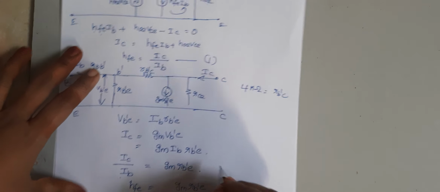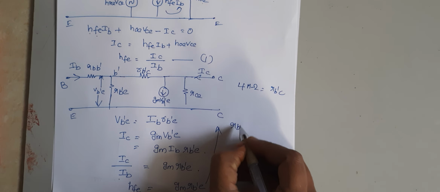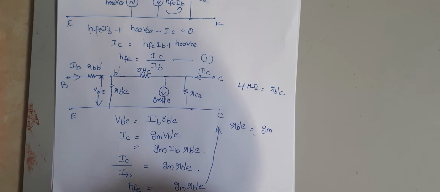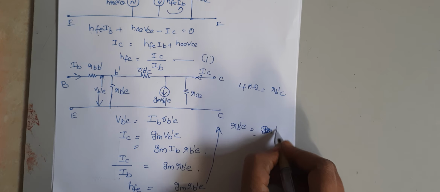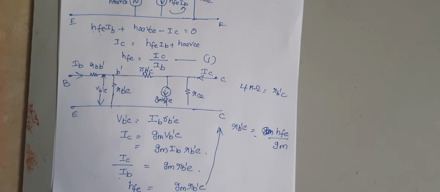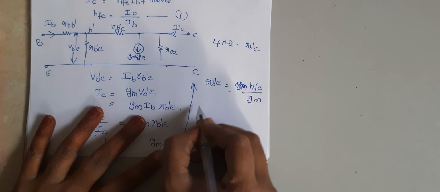From this equation, we can write RB'E is equal to HFE by Gm. The input resistance RB'E is equal to HFE by Gm.